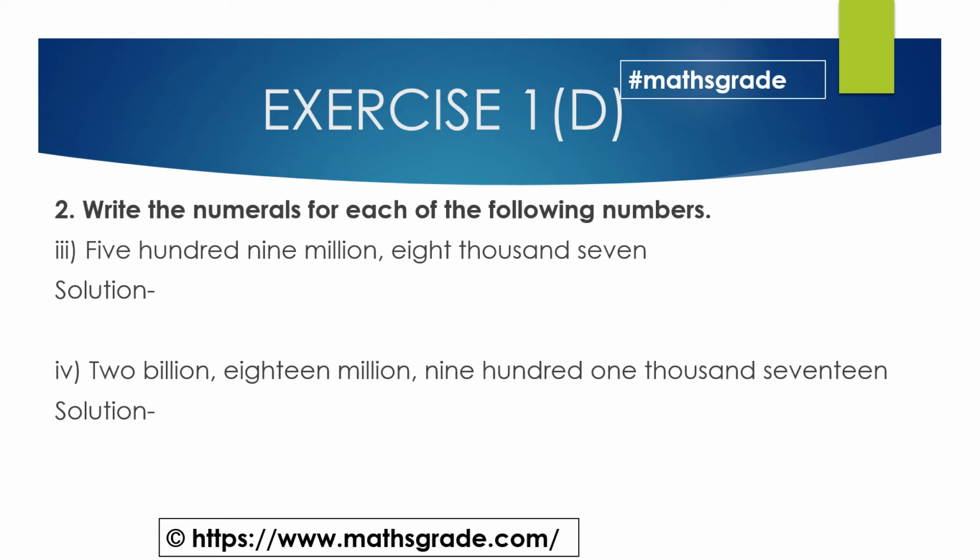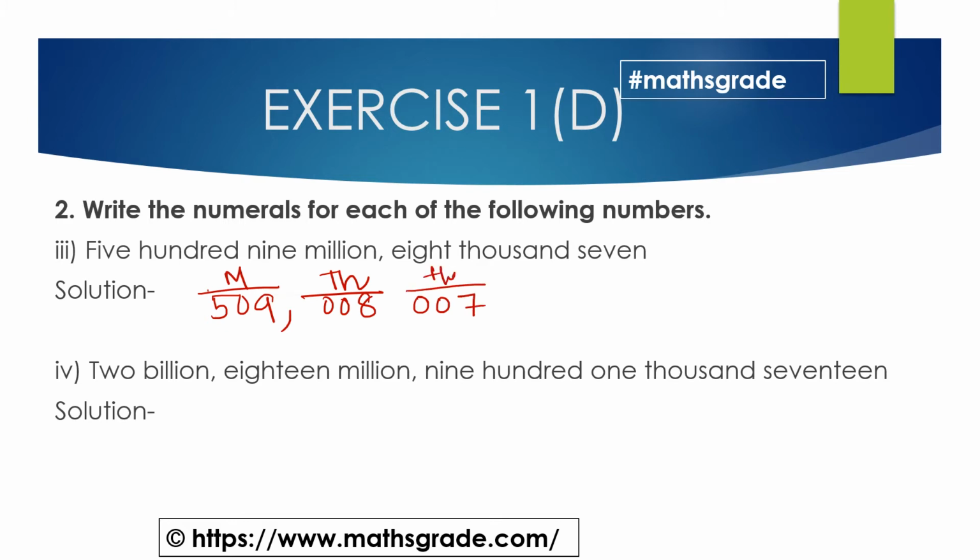Now we solve question number third bit, 509,008,007. 509 million, this is million place, 8,007, this is thousand place, and 7. There are no digits in hundred place and tens place, so just put the number 7 in ones place.